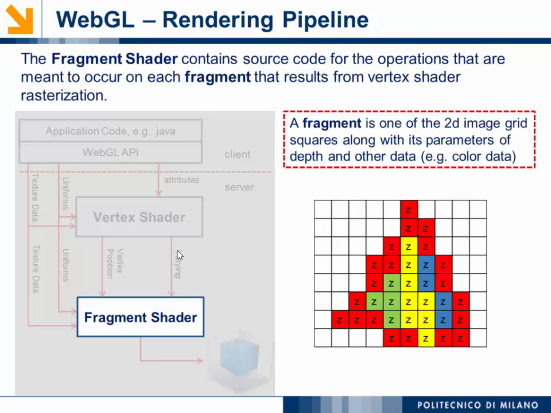We have fragments at this point. A fragment is something like a pixel, a candidate pixel, meaning that we have more information than required at the end of the pipeline for each of the elements of this grid. For example, we can have the colors of more than one mesh. If we have an object in front of another one in our scene, the color of each of those elements is computed together along with the Z value.